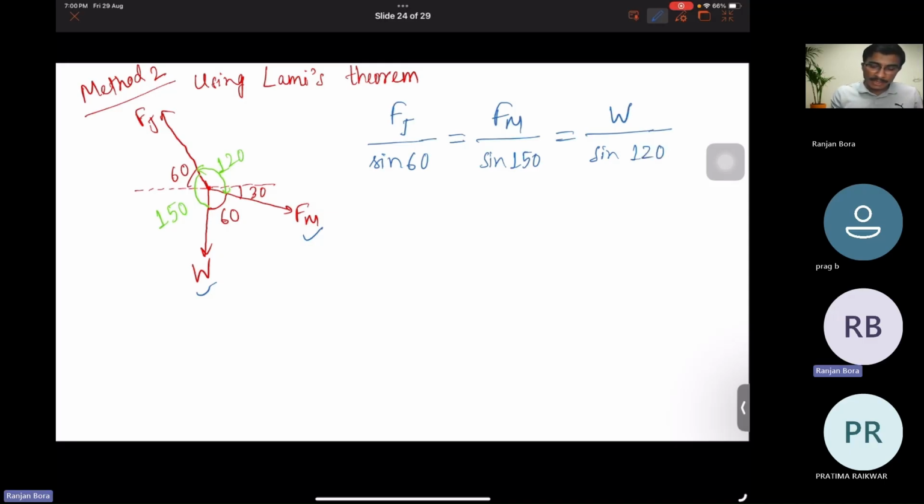Now you can use this relation for solving Fj and Fm. So here, what will be Fm? Fm will be sine 150 upon sine 120 into W. How much will it be?